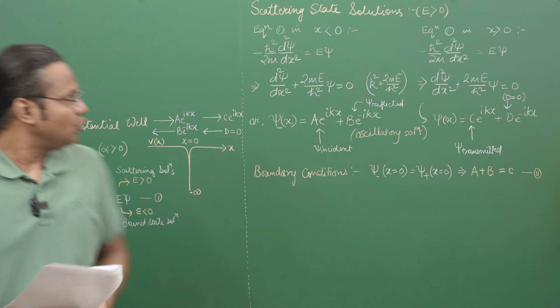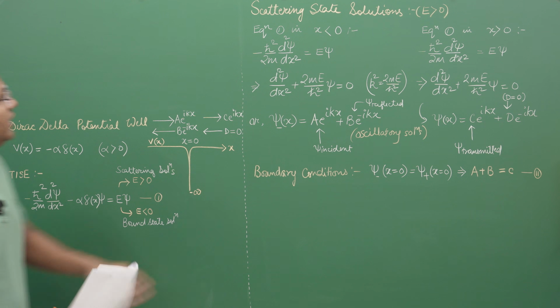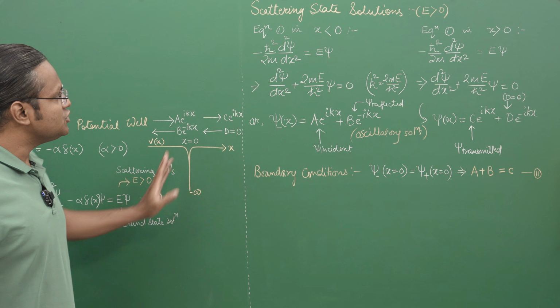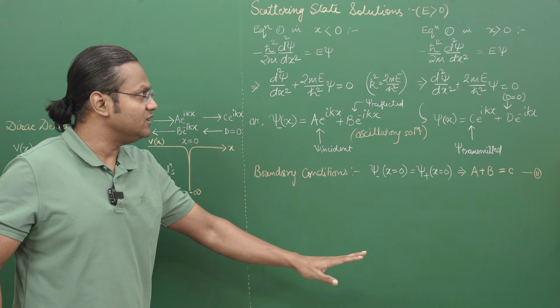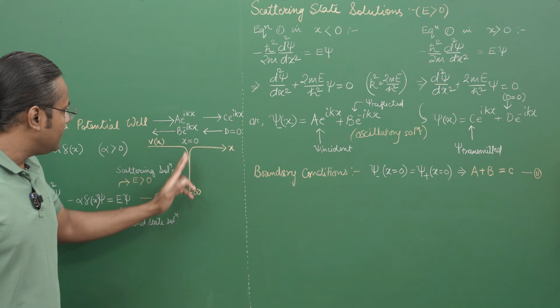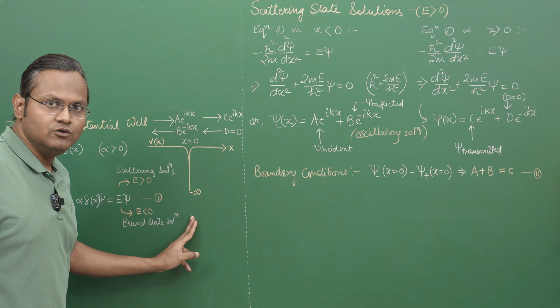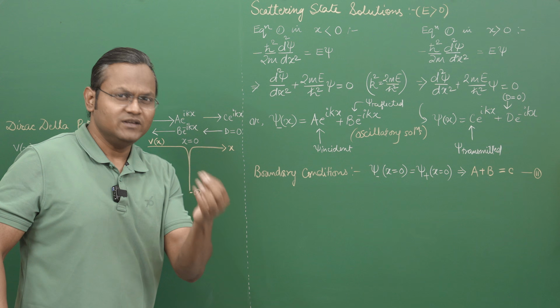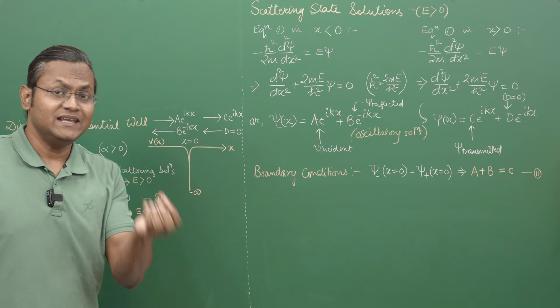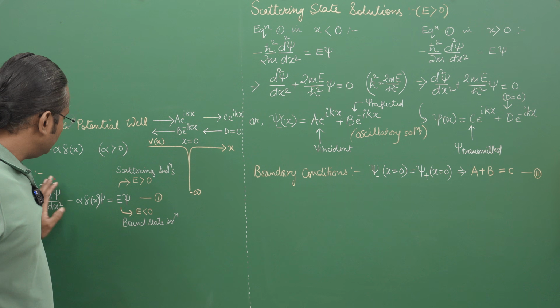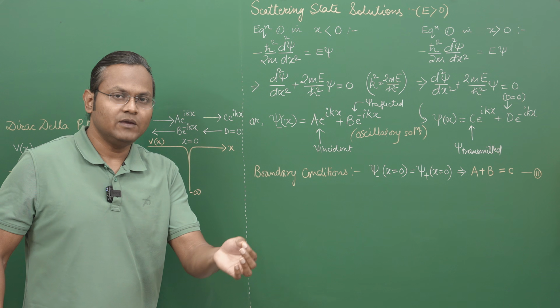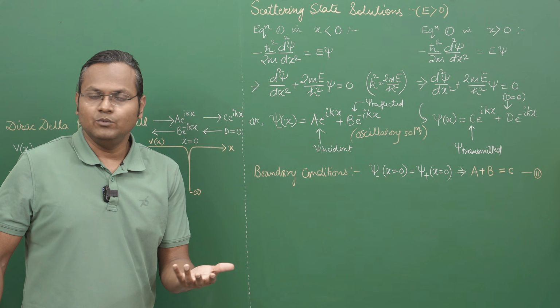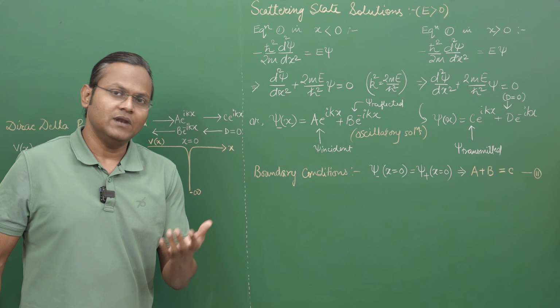Anyways, if you notice, we looked at the Schrodinger equation in the x less than 0 region and x greater than 0 region, but we avoided the point x is equal to 0. Why? Because we are dealing with a Dirac delta potential, which is essentially an infinite potential, and we want the equation to make sense, because the moment we introduce an infinity in the equation, of course everything blows up and we cannot get any kind of a meaningful answer out of it.